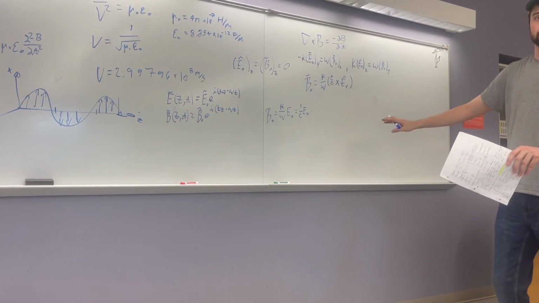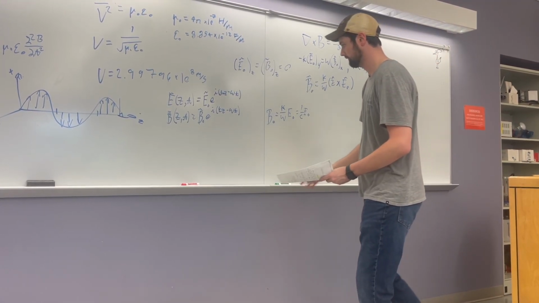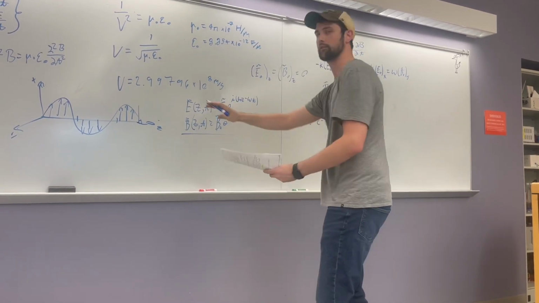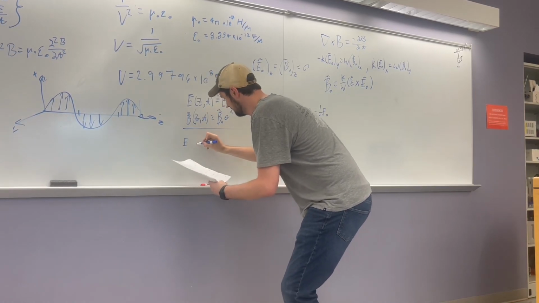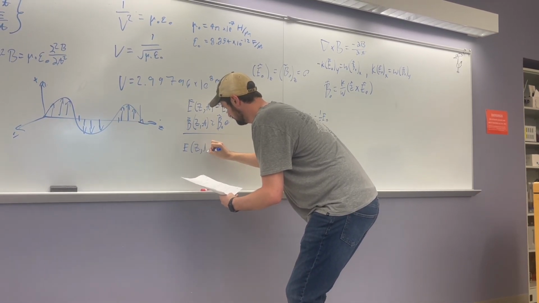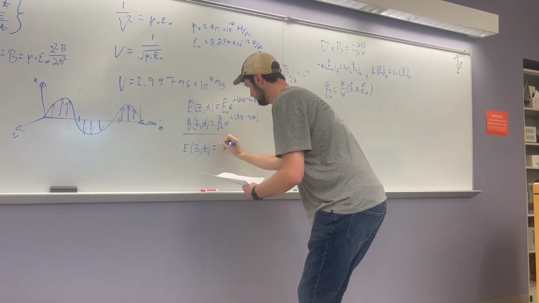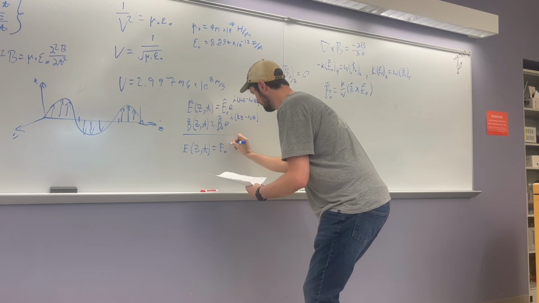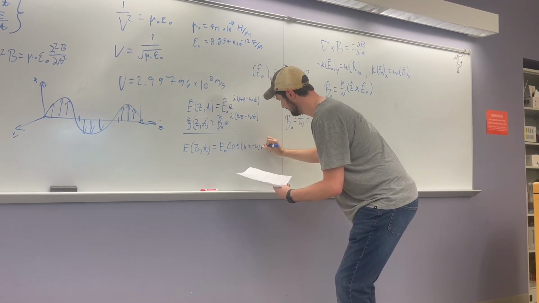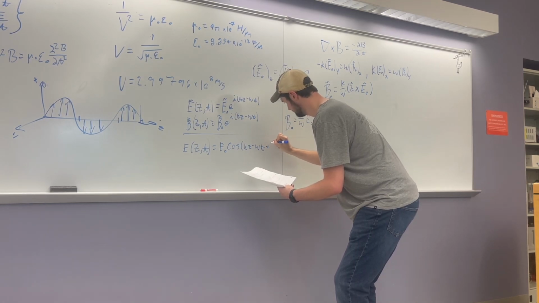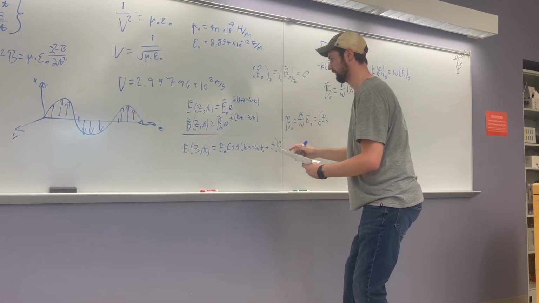Skipping a lot of derivation and math, we get the following two functions. This is kind of our final result here. We're wrapping it up. E as a function of z and t is equal to E naught cosine of (kz minus omega t plus delta) in the x hat direction.